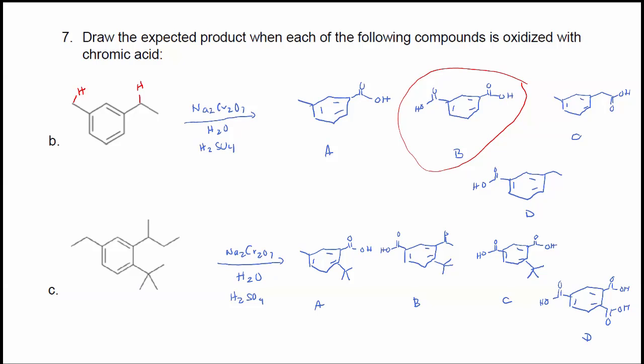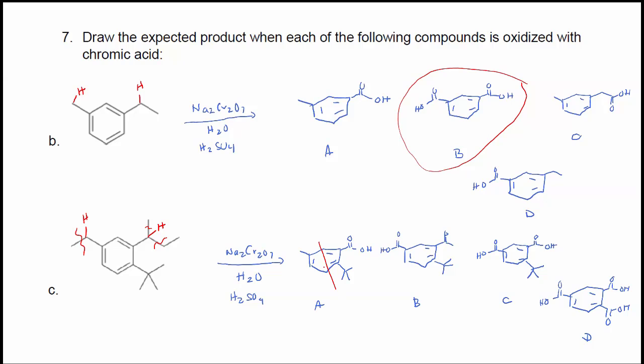We're always looking at these reactions for benzylic hydrogens, and that is on the carbon that is next to the benzene. So we have one here and one here. So those can get oxidized. Everything after that carbon is going to get cut off. This is going to get cut off. The tert-butyl group has no benzylic hydrogen, so that one is going to stay put.